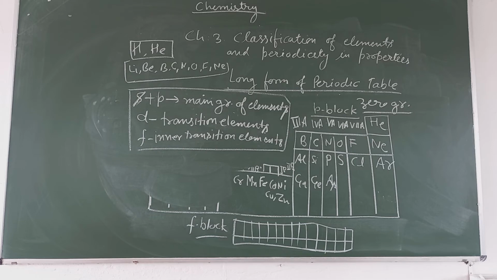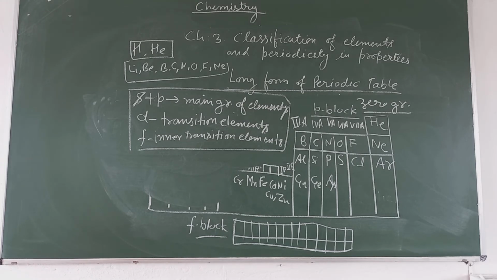The d block elements are hard, with high melting points except mercury, and their densities are also high. They show variable oxidation states, they are good conductors of heat and electricity, and they form alloys with other metals.